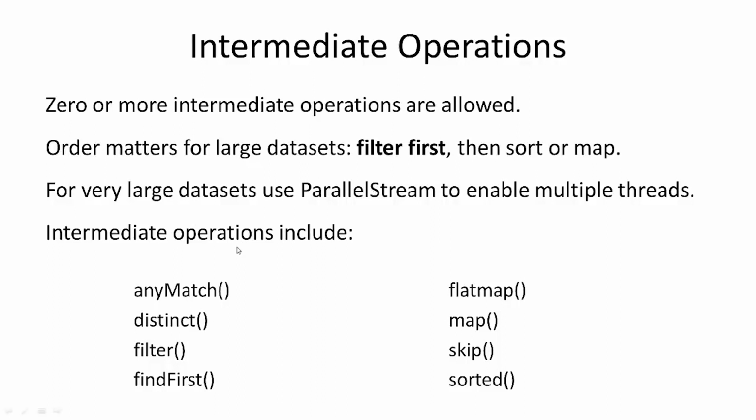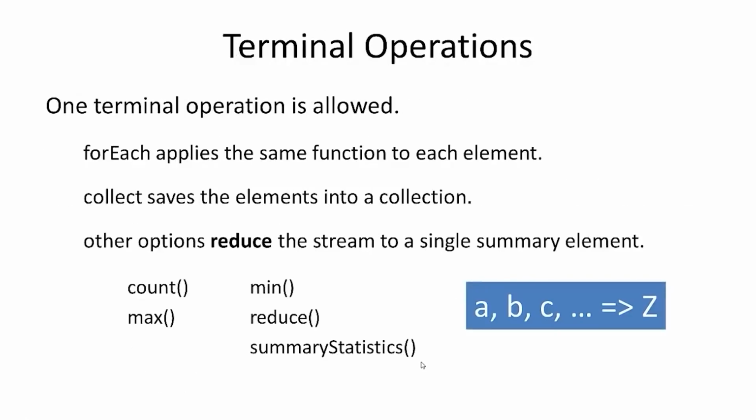Some of the intermediate operations include anyMatch, distinct, where you can actually filter out non-distinct elements, filter, findFirst, map, and flatMap, and you can skip elements if you want, and sorted, which is the same as the Java sorted method. You only get one terminal operation. forEach is used to apply the same function to each element.